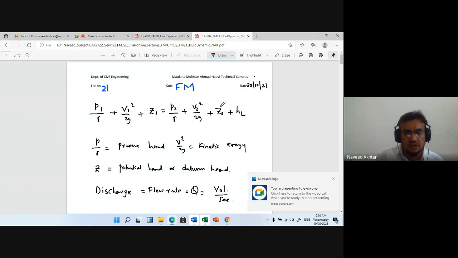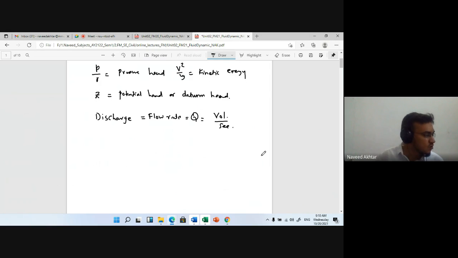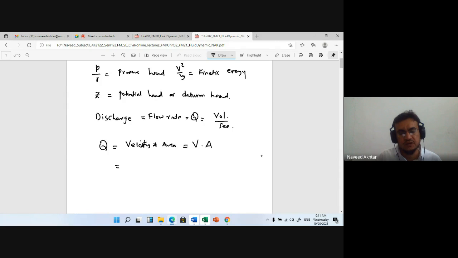So we know that discharge Q is equal to velocity into area, that is V into A. Velocity is in meter per second, and area is meter square, so this is meter cube per second, also called cubic meter per second.